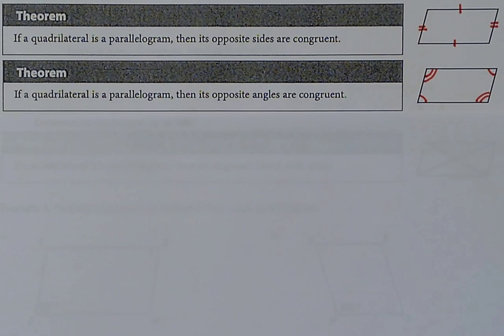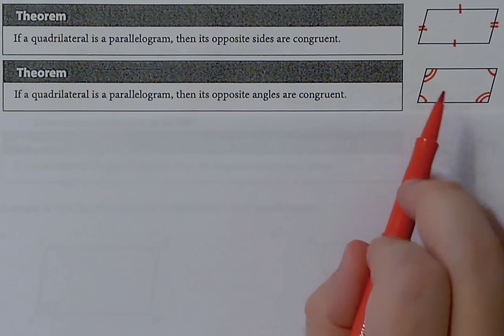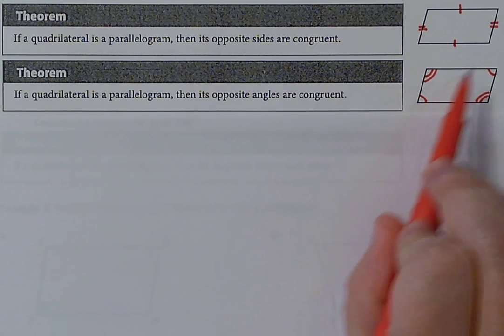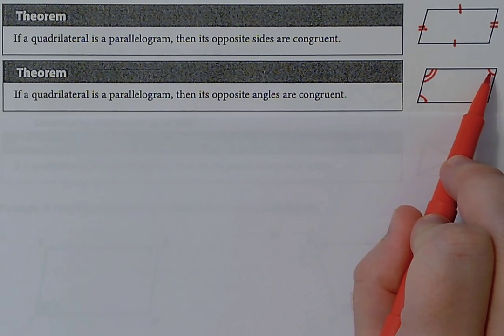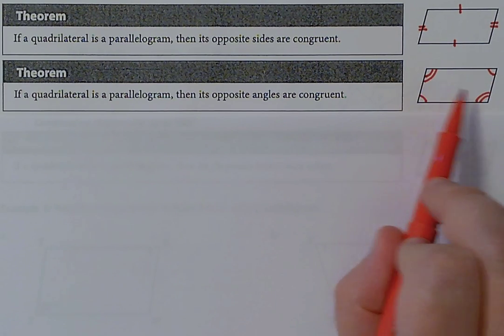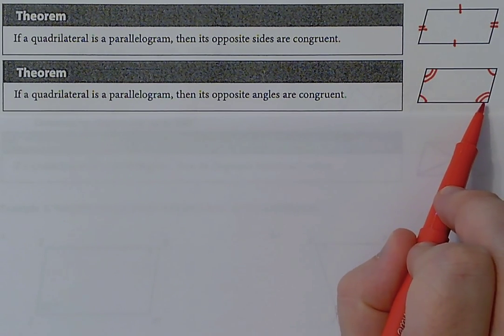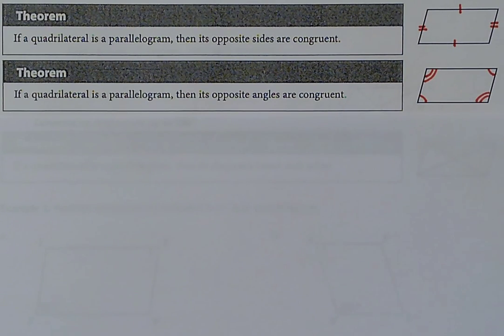That means that they have the same measure. So if this one is 50 degrees, that means this is 50. If this is 130, that means this is also 130. So in parallelograms, opposite sides and opposite angles are congruent to each other.